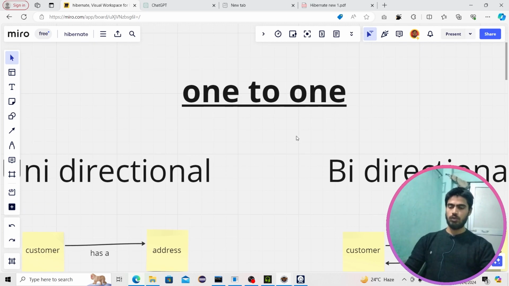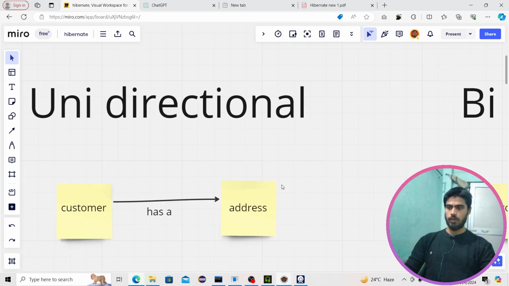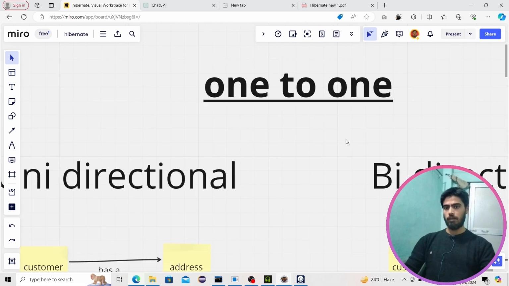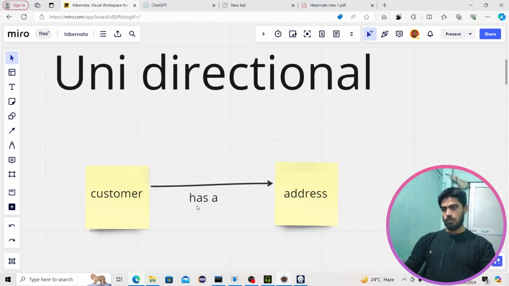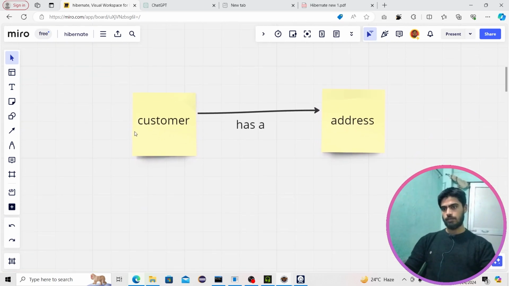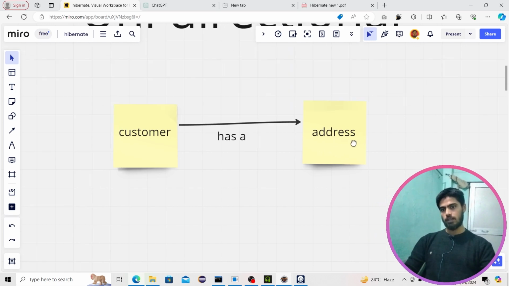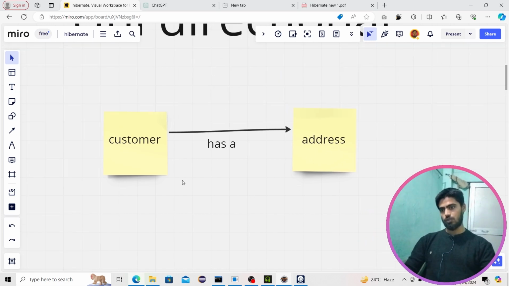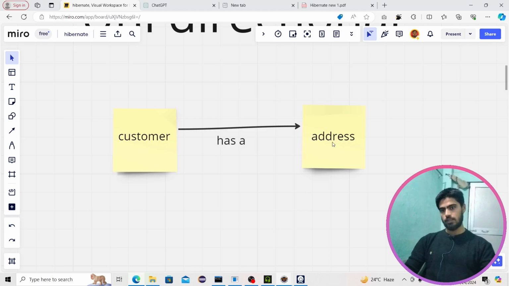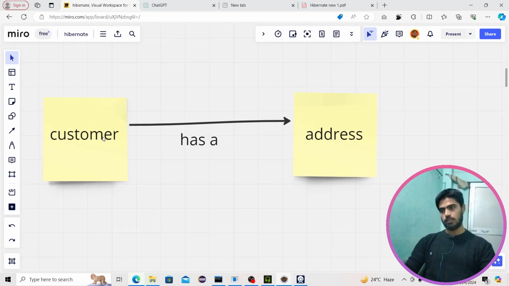So what is one-to-one relationship in association mapping? What is one-to-one mapping? Remember this example, customer has an address. Customer cannot have multiple addresses. So from this side, there is only one address, and from the address side, an address is only going to belong to one customer.